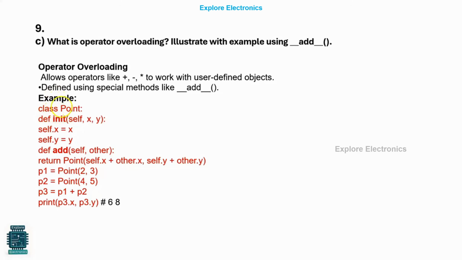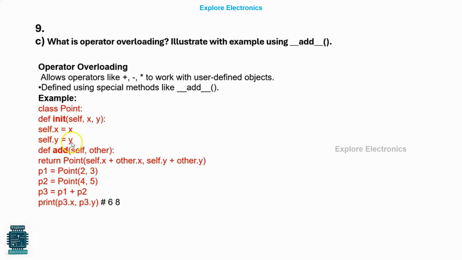Here it defines a new class named Point to represent the coordinates. Define __init__ with self, x and y. It defines and initializes a new instance with x and y attributes. self.x is equal to x. Here it assigns the passed x value to the instance's x attribute.